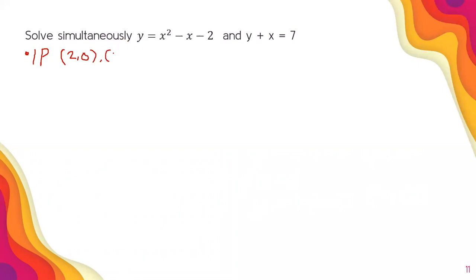You could watch my previous video regarding how to draw the parabola, and afterwards -1, 0, and if x is 0, 0, -2.